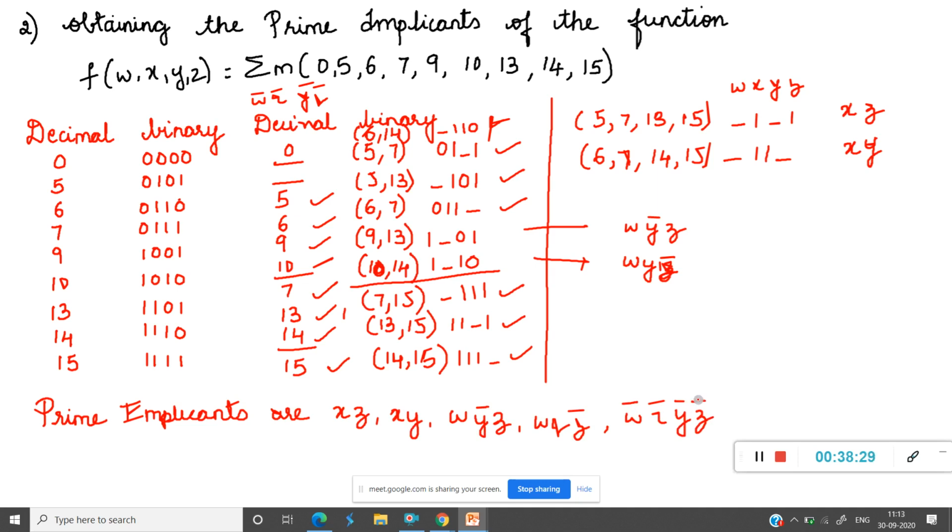So this is the solution for the second problem. I hope you understood this. Okay, so this is also a second problem for which we have found out the prime implicants using Quine-McCluskey method.